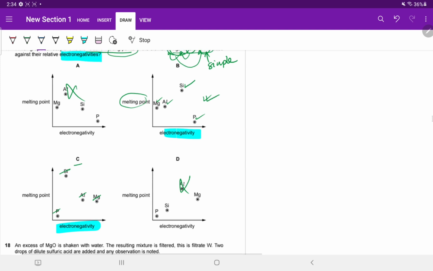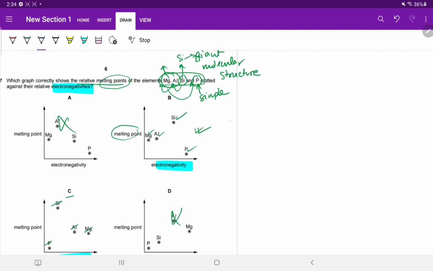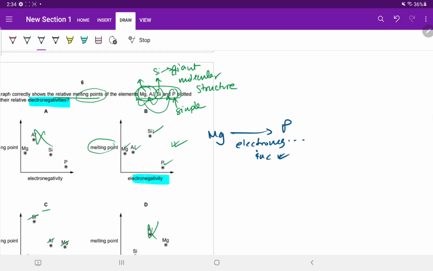So option B, as we know, for the electronegativity trend, as we move from magnesium to phosphorus, the electronegativity shall increase. Why? Because from magnesium to phosphorus the atomic radius decreases, and the nuclear charge also increases, which causes the atomic radius to decrease, and the shielding effect remains constant.